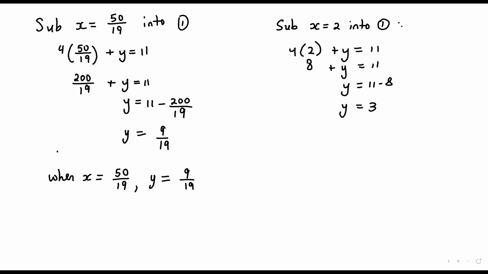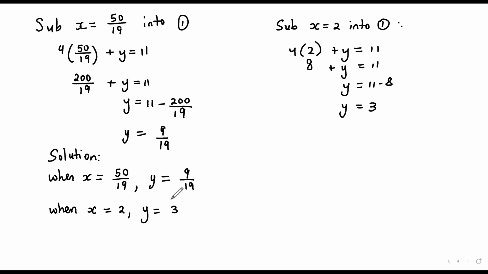So this is your solution. Now I know this looks a little complicated, but it's only because of the fractions. No other reason. It's literally the same steps, right? Then when x is 2, y is equal to 3.